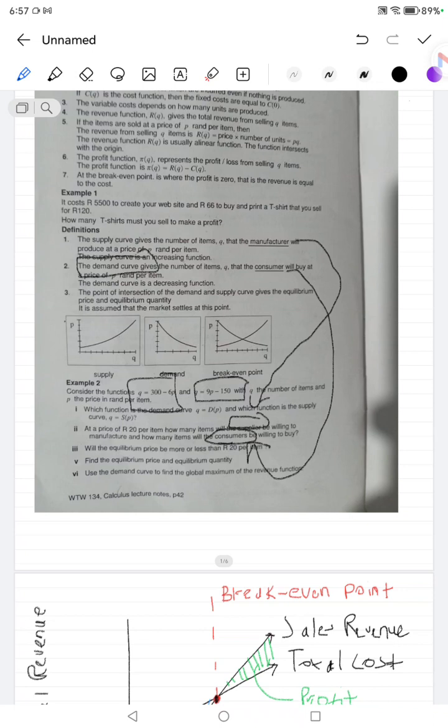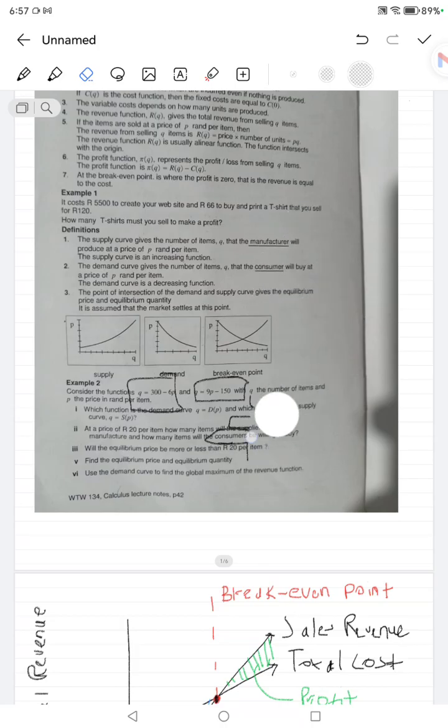Let's quickly interpret those with regards to the equation. They only told you about the supplier and the consumer. You also need to reference them back: who is my supplier? My supplier is my manufacturer.